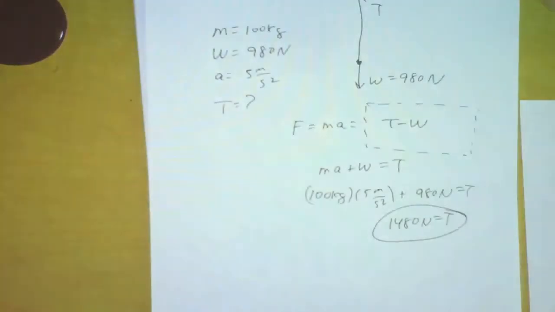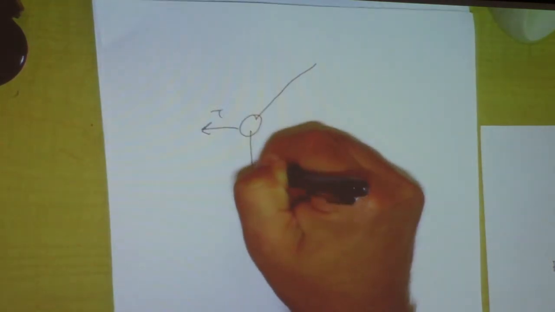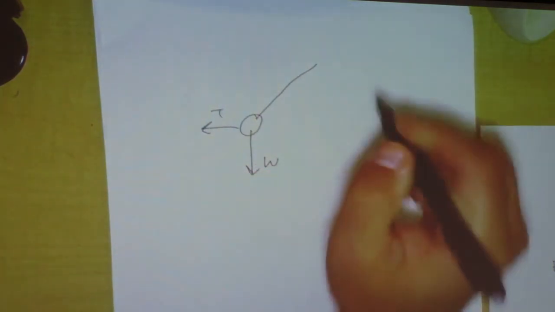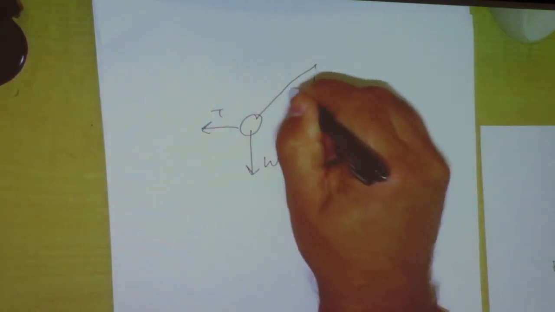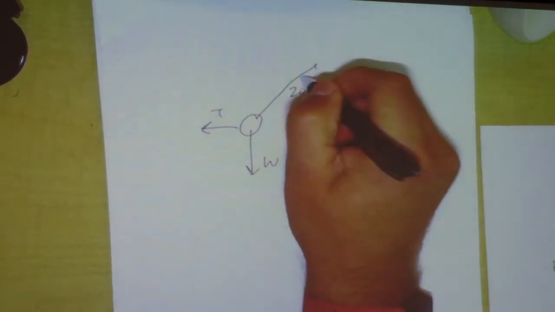So let's draw this one out. This is the tension we're trying to figure out. Here's the weight. This is 20 degrees. This is the tension that we want. There's actually a tension in this part too, right?